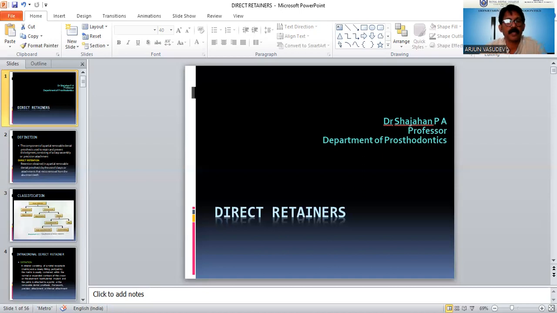And it helps in stabilization against the horizontal forces. It contributes also to the vertical support and indirect retention. So it can act as indirect retainer, and since it is placed above the height of contour, it can give a mild level of vertical support as your rest does.